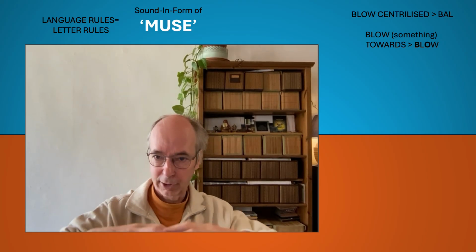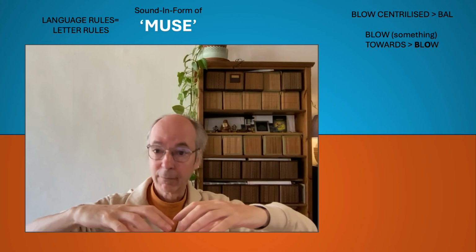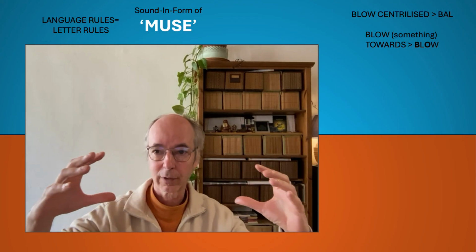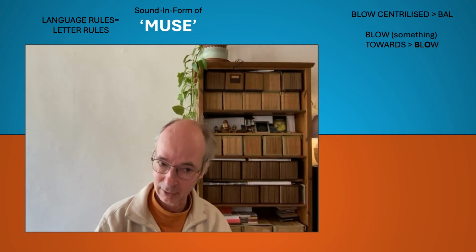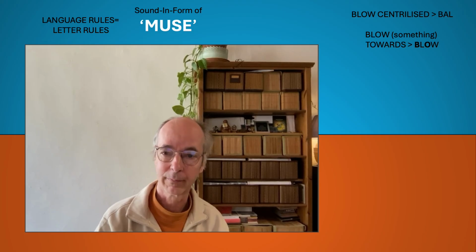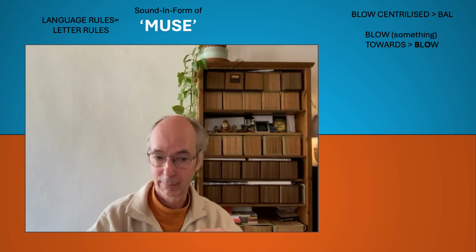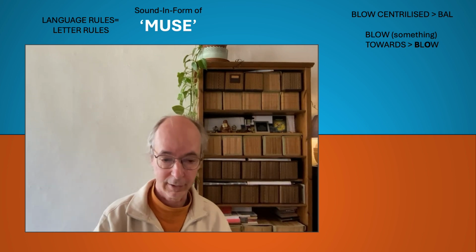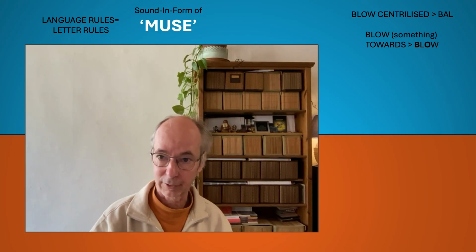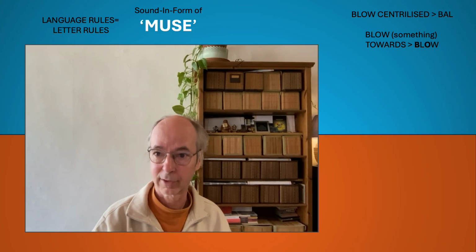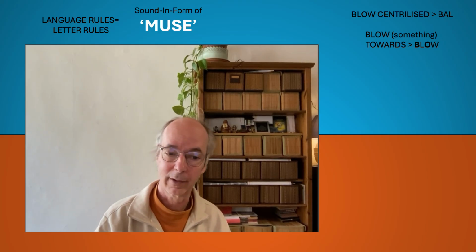With the ball it's easy: it's a pressure that goes outwardly and then it goes centralized again, so we have this pressure inwardly and outwardly at the same time, and you come to the expression of what is a ball. If you immediately come from the expression of B towards the results into a physical realm with L, into the outside world, or O timed towards it, and so on, you have already the starting point of blow, as you can see.